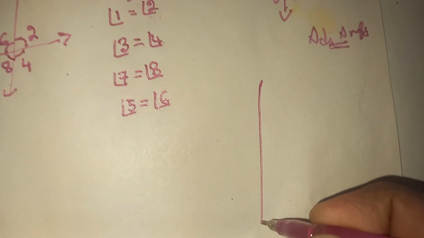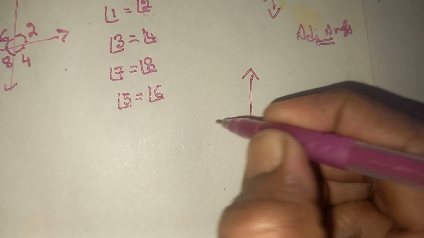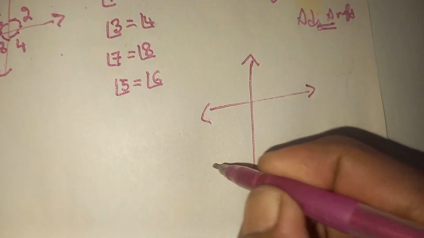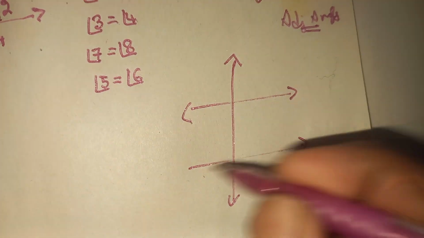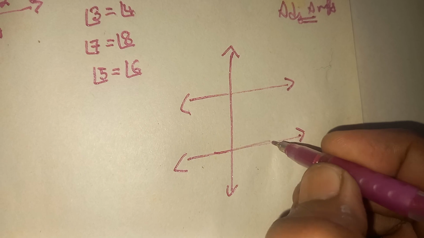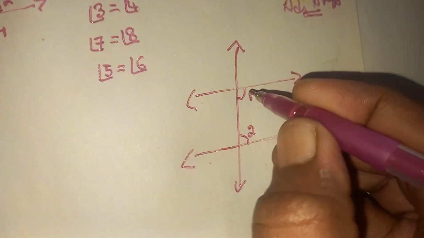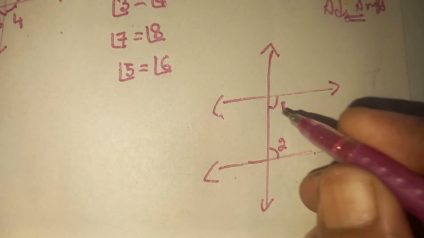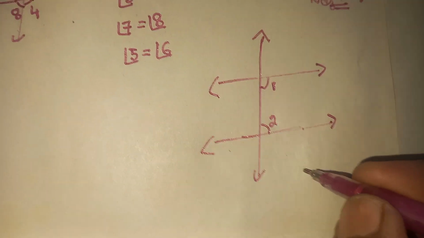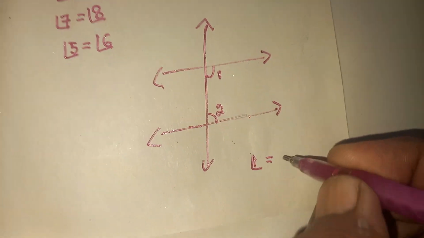Now I'm going to tell what these are: interior angles on the same side of the transversal. Here you take interior and exterior angles on the same side of the transversal. Now I will tell about interior angles. Here these two angles, angle 1 and angle 2, are interior angles on the right side of the transversal. Their sum is equal to 180 degrees.